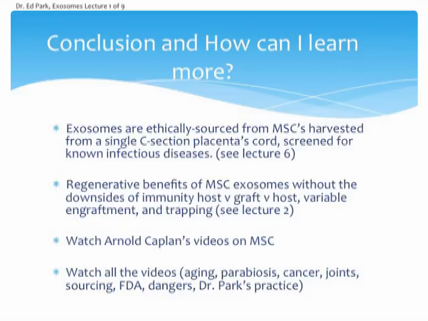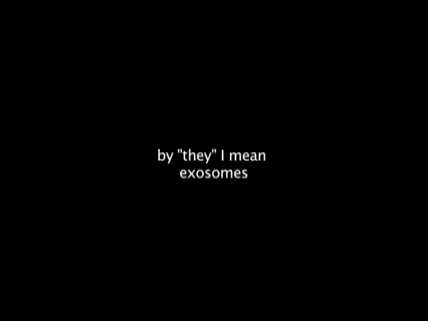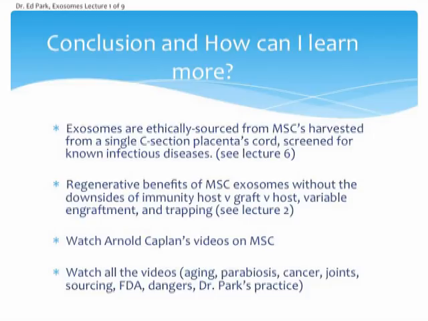There are no self-antigens on the surface of MSC exosomes, so there's no graft versus host or host versus graft, which is when the immune system of the donated cells fights yours and vice versa. Another benefit is that they don't require engraftment. They are universally understood and accepted by all cells because we're all using the same toolkit.